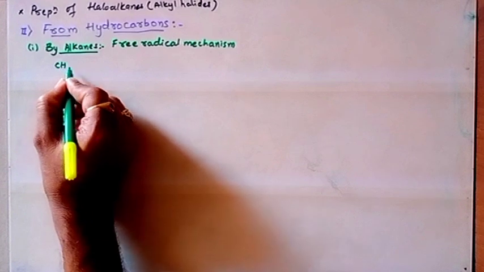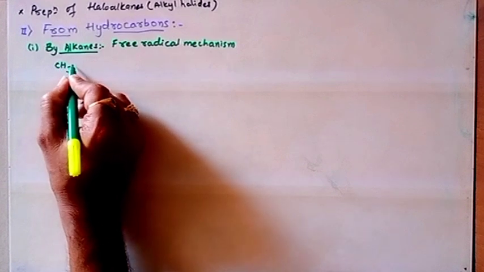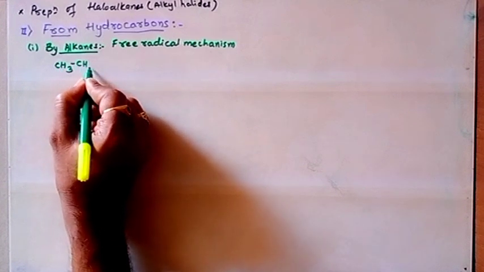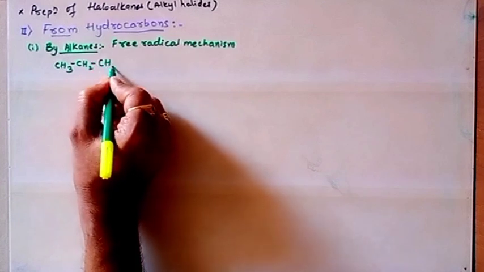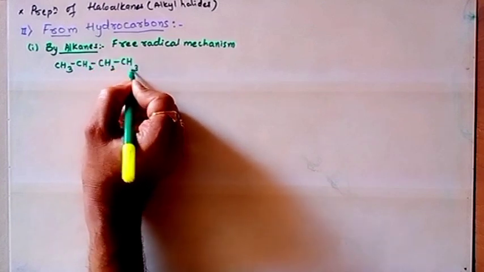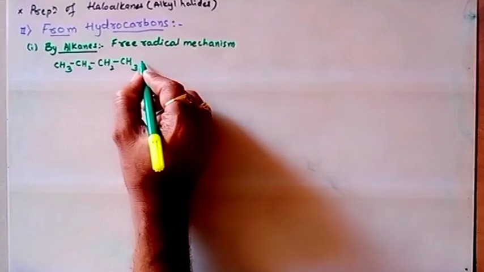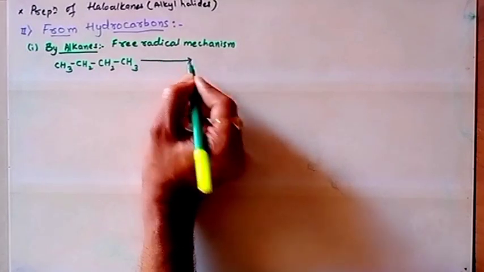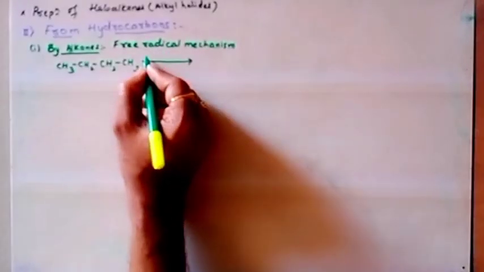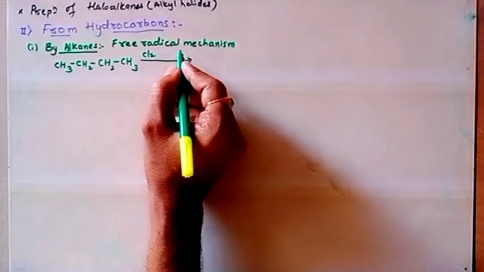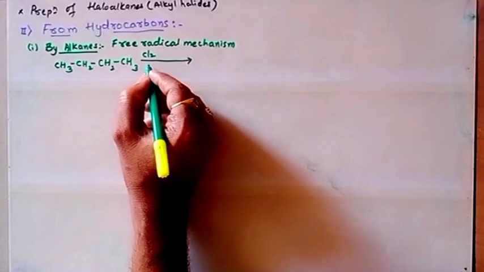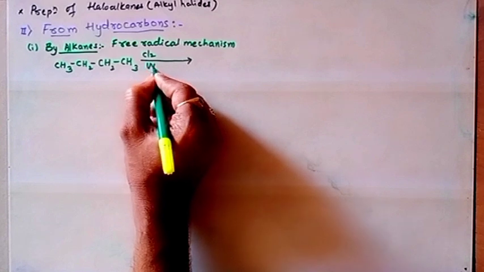For example, take butane, CH3CH2CH2CH3. This is an alkane. This alkane is treated with chlorine in presence of UV light.